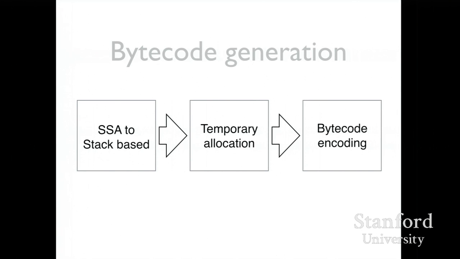Then, in a similar way, we allocate registers. We map all the temporaries to specific slots. For example, if we inline multiple methods, it's possible that multiple temporaries will share the same temporary slots in the optimized frame. And lastly, we encode the optimized method in the bytecode set.